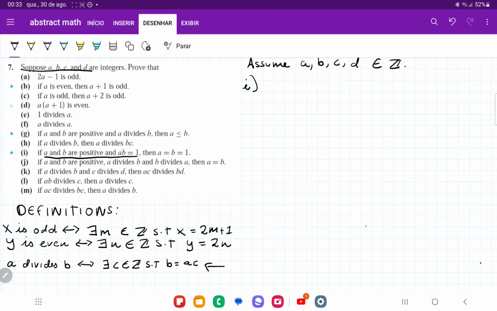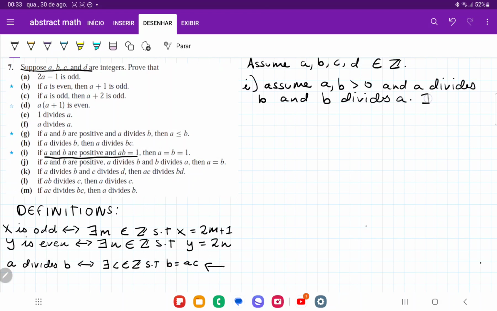Assume A and B are positive and A divides B and B divides A. Then there exist integers C, D, belonging to the set of integers, such that A is equal to BC and B is equal to AD.